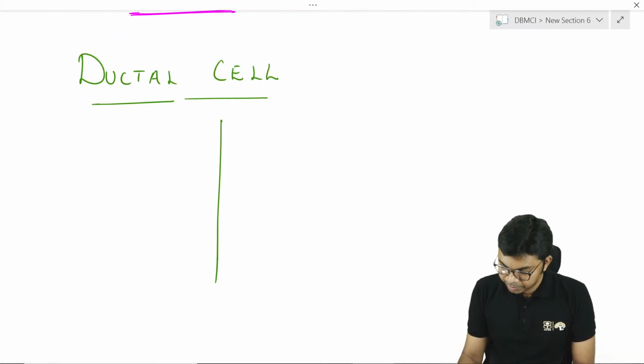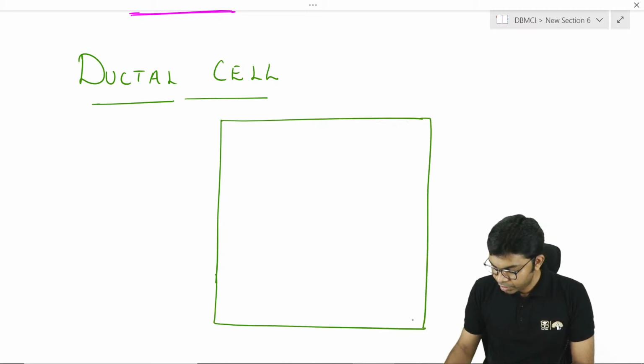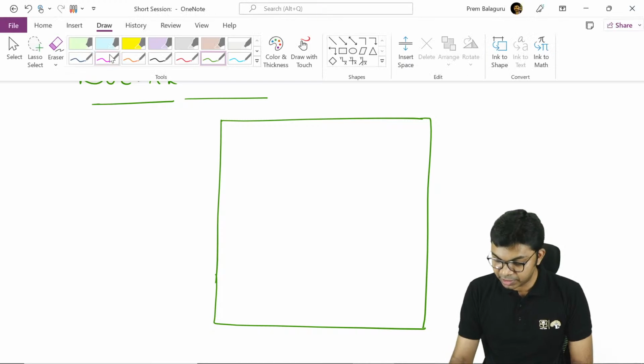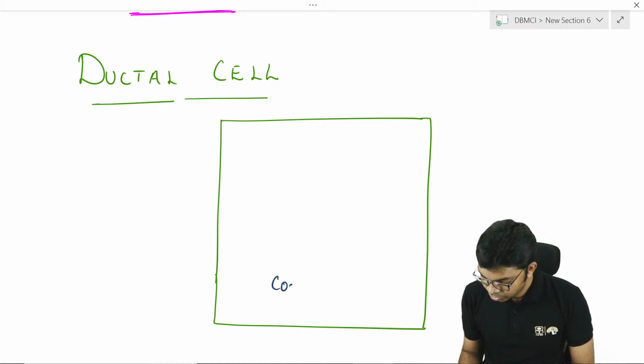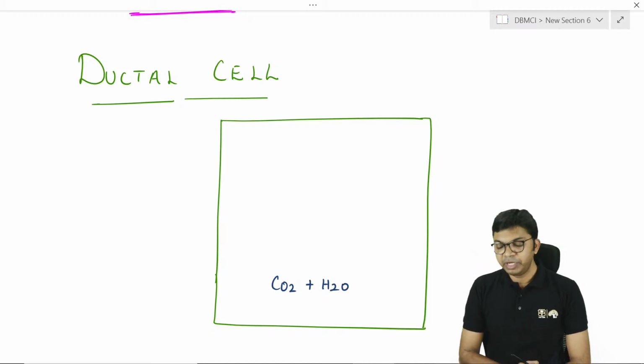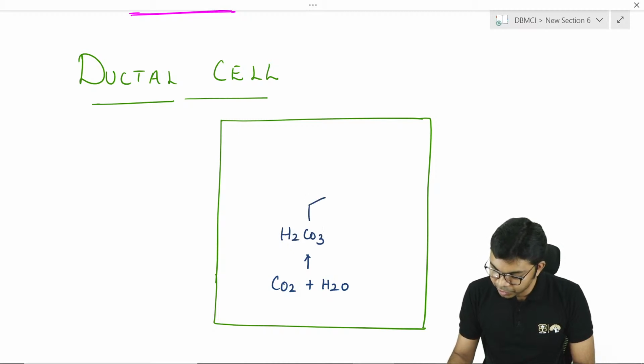In the cytoplasm of ductal cells, we are going to observe water molecules which is going to combine with carbon dioxide. The combination of carbon dioxide and water is going to form carbonic acid. And this carbonic acid is going to split into hydrogen as well as bicarbonate.